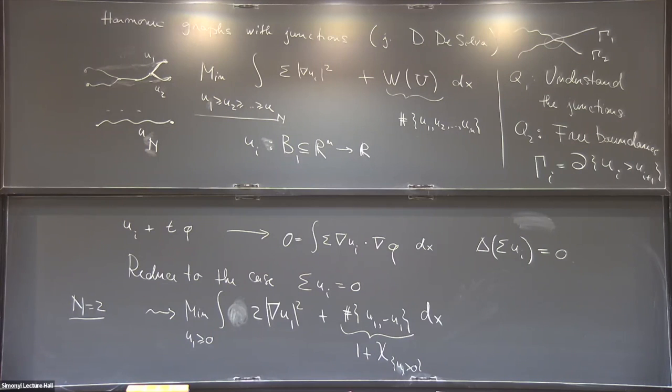In this picture, this would be gamma. And this is the free boundary because you have two conditions: u is 0 to start with, but also the gradient is imposed to be equal to 1. So this is known as the one-phase or Bernoulli free boundary problem.